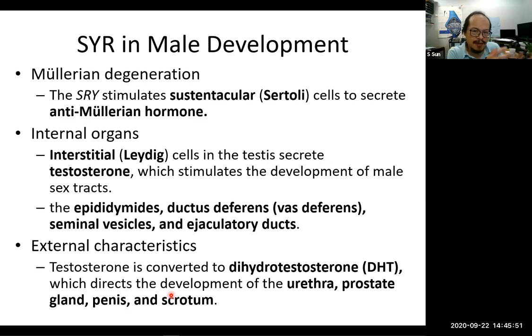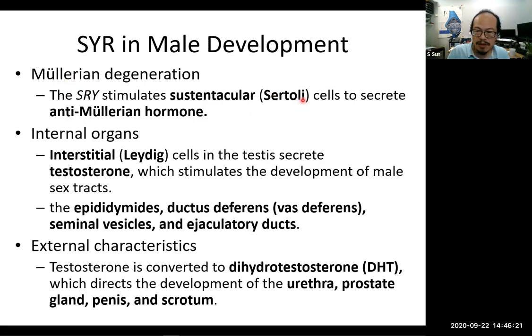And how does SRY achieve that? SRY will first stimulate the cells called Sertoli cells to secrete the hormone called anti-Mullerian hormone. So that will suppress the development of the Mullerian duct and cause it to degenerate.